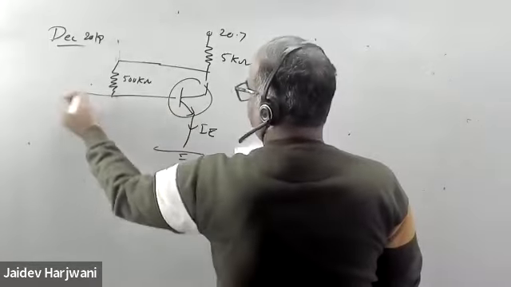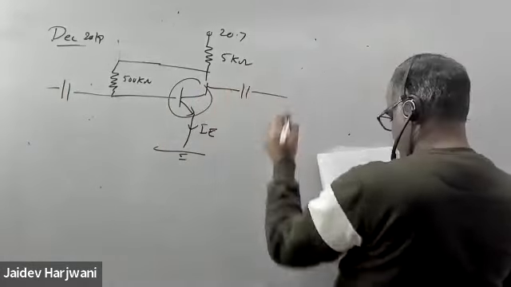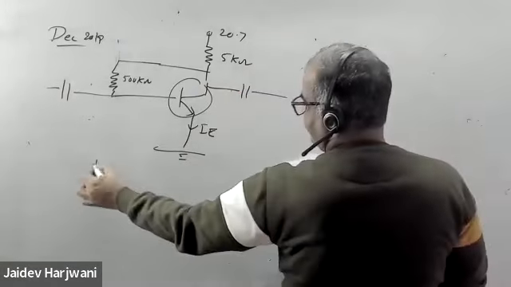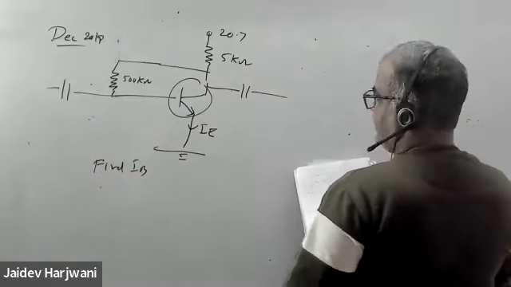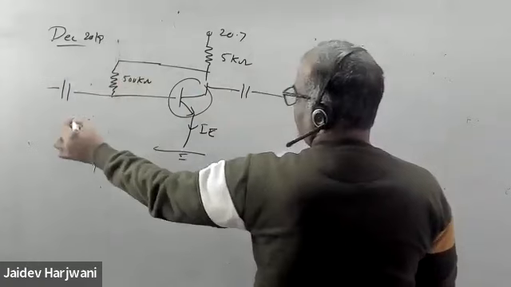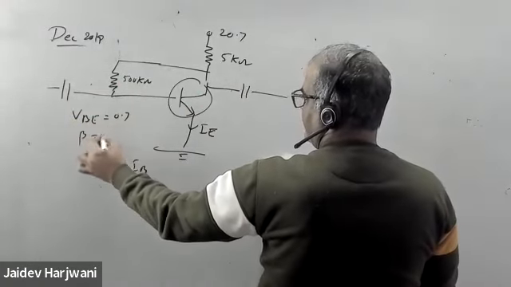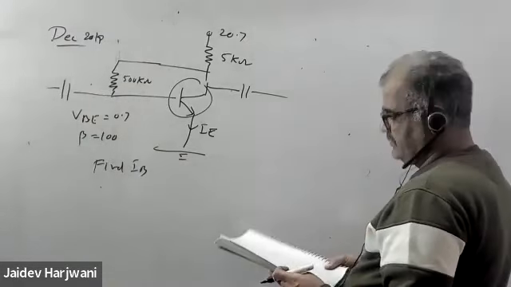Here one capacitor is there, and here also one capacitor is there. So they say find IB. This time you can take VB 0.7 and beta you can take 100, and find IB.